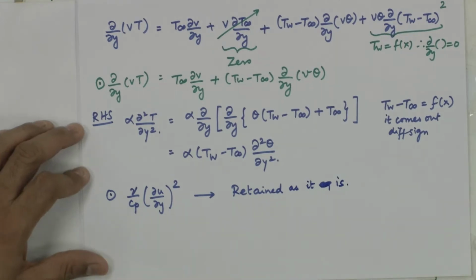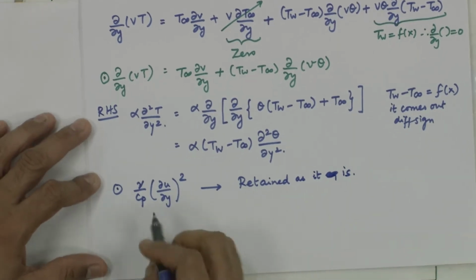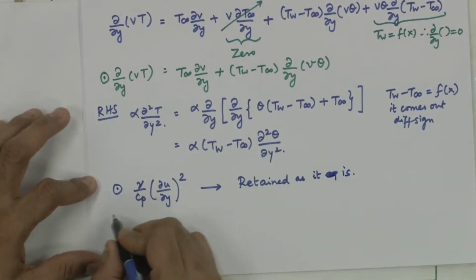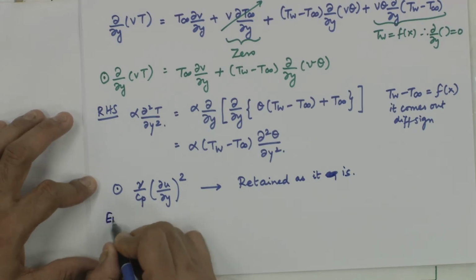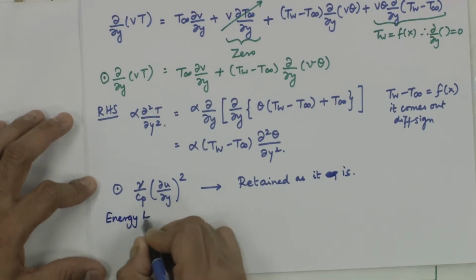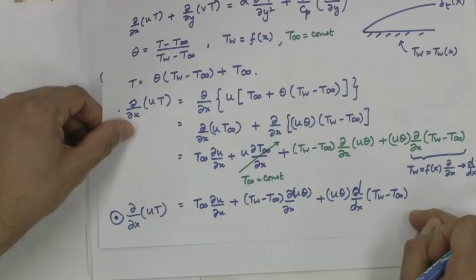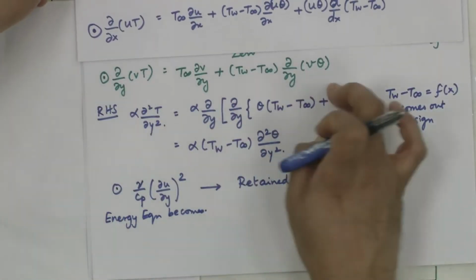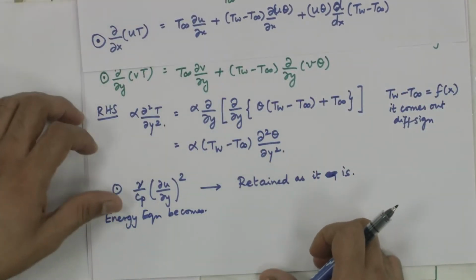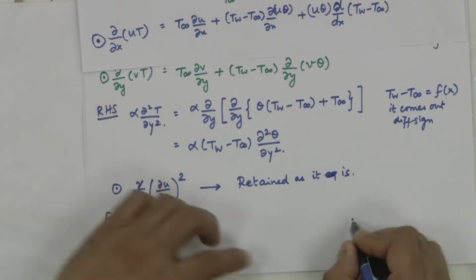So, we do not do anything to it. Now, the energy equation therefore becomes, this term on the left hand side we are going to write together, and I will use the next slide for this.